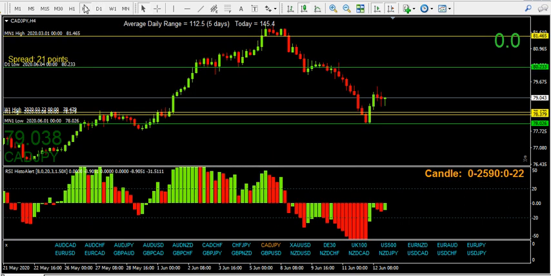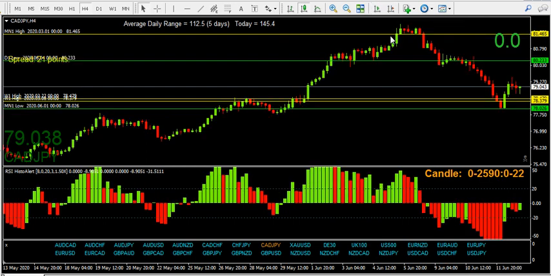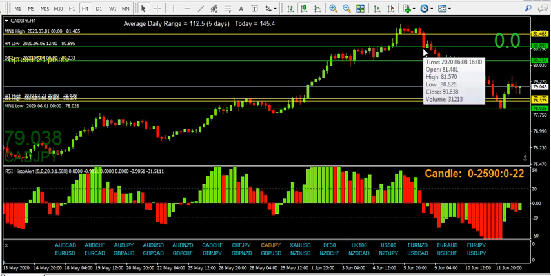So H4, the reversal candle looks to me to be the low of that green candle there, and it is, yeah. So green support line on there, that was the reversal down, that's the pullback, and that's the continuation.